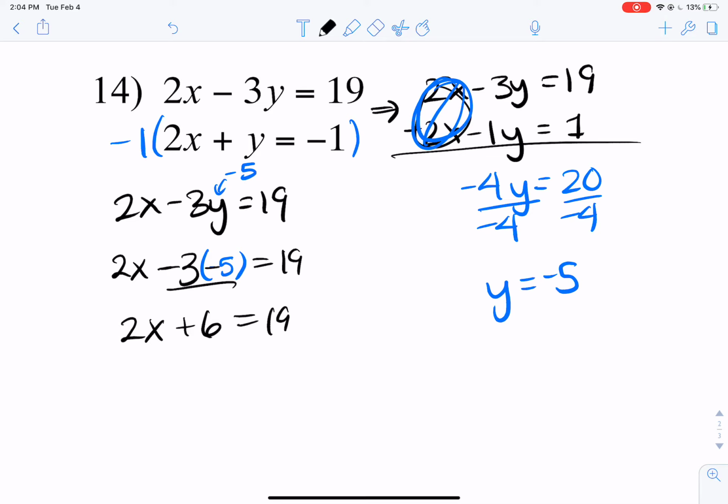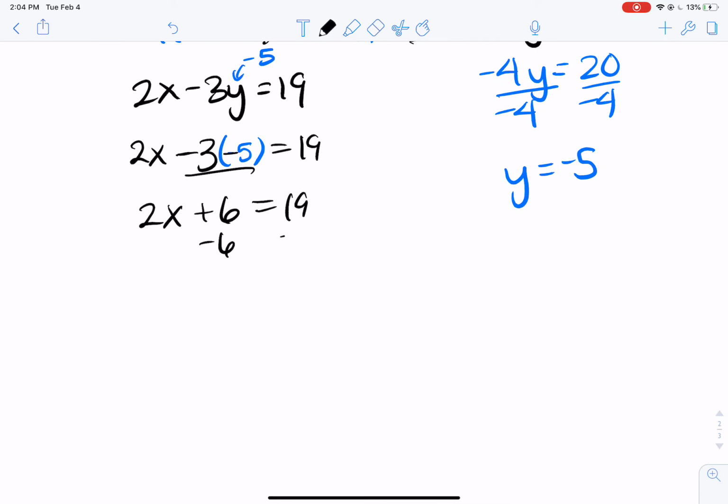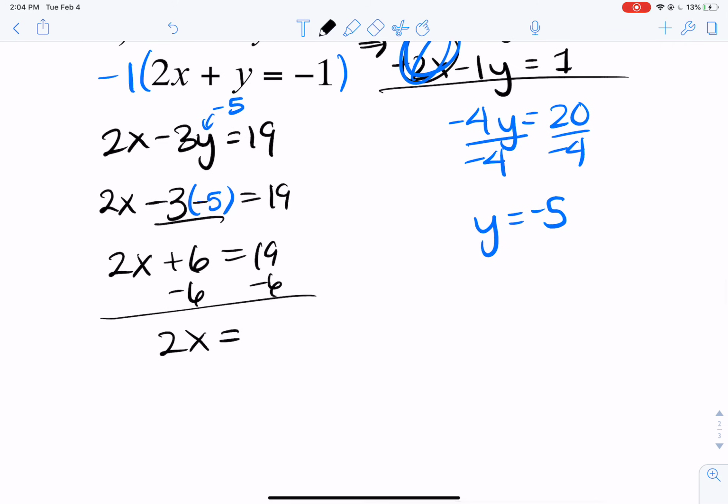Oh, I'm sorry, that's not 6. What am I thinking? That's 15. Excuse me, I don't know where I got 6 from. I was multiplying 2 and 3. That's going to be positive 15. So I should be subtracting 15, which is going to be 4. I divide by 2, and x is 2.